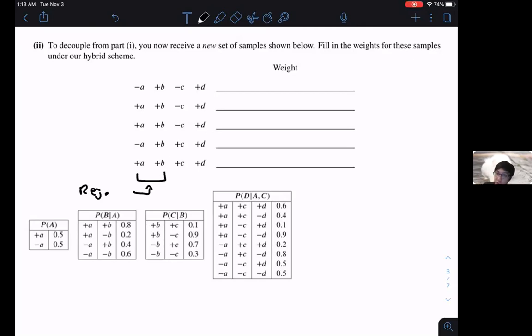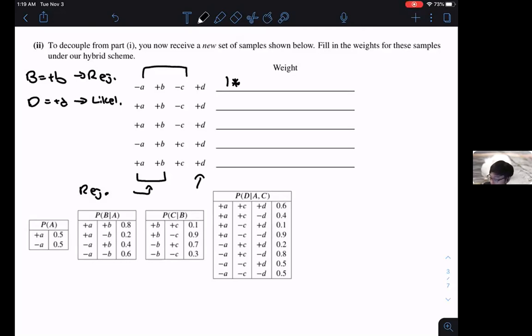So now the real question is, what do we actually have to consider in that case? Well, we know that our evidence variables are B equals plus b and D equals plus d. B is from rejection sampling, and that means D is from the likelihood weighting. So all I need to do for each of these weights is 1 times the probability of getting plus d given the remainder of our sample.